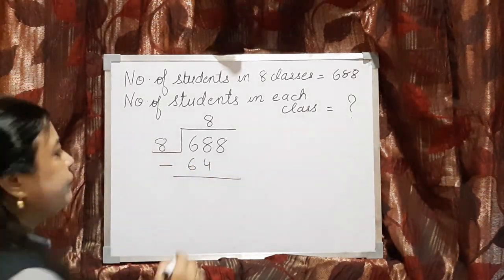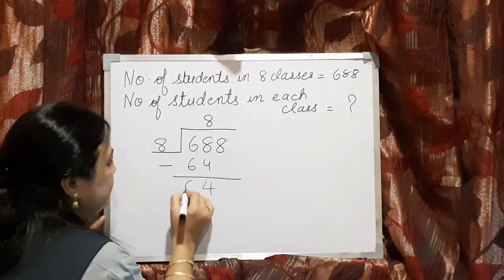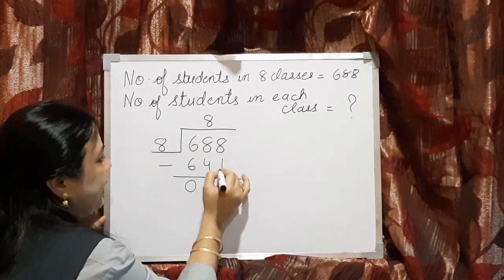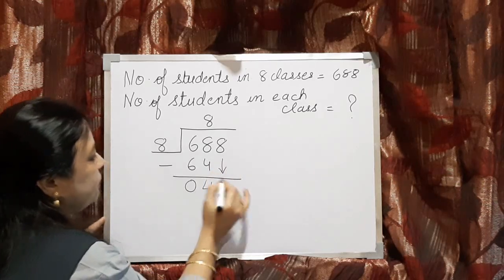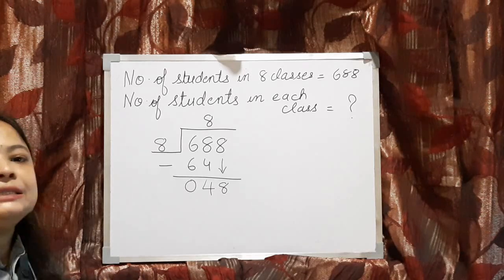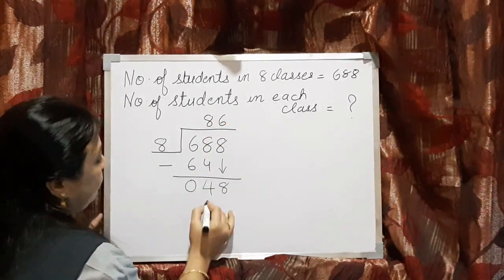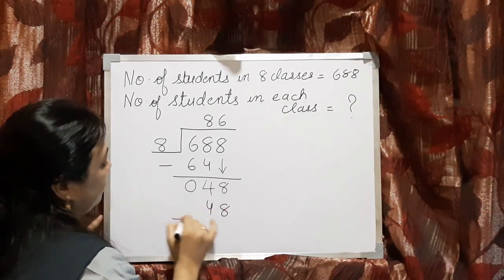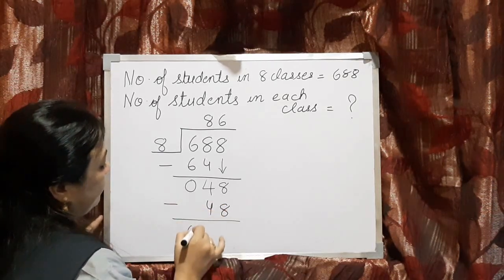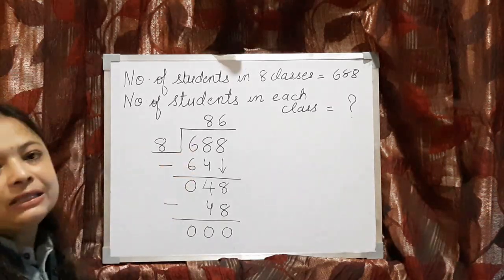Now 8 minus 4 is 4. 6 minus 6 is 0, and this 8 we are going to bring down. Right? Now in the 8 table, when 48 comes, 8 6s are 48. So what is our answer?